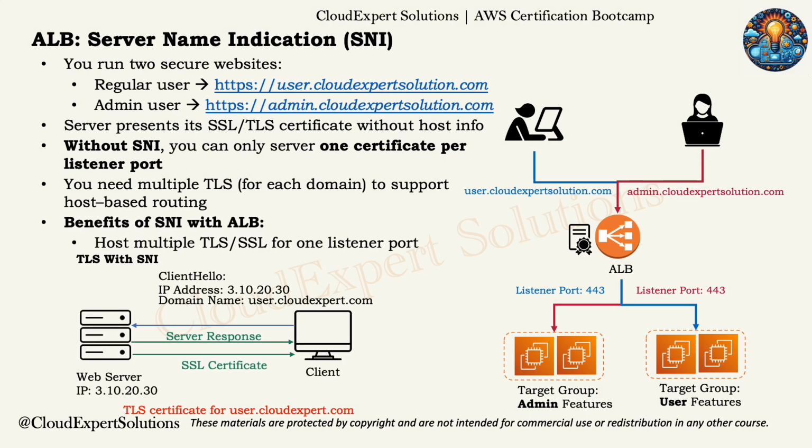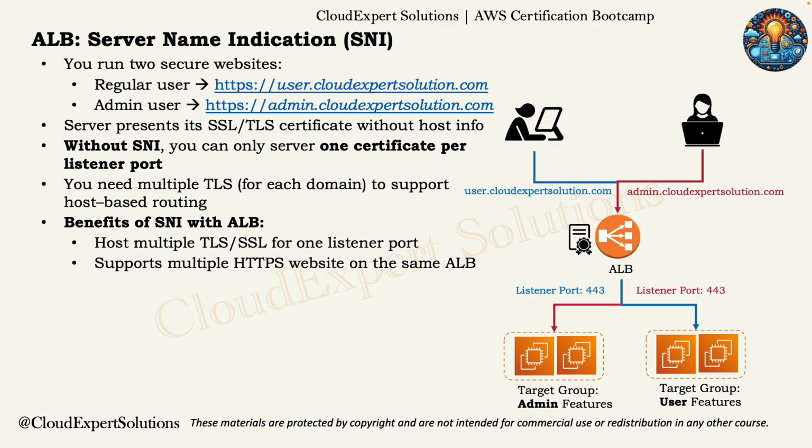Now with SNI, the application load balancer can host multiple HTTPS websites on the same load balancer, and it will save cost by using one application load balancer for multiple HTTPS applications or domains and maintain each site's SSL or TLS certificate separately.